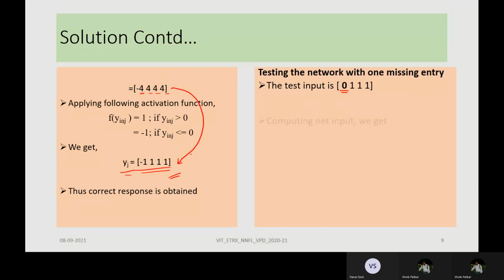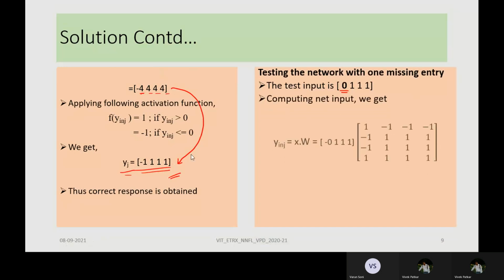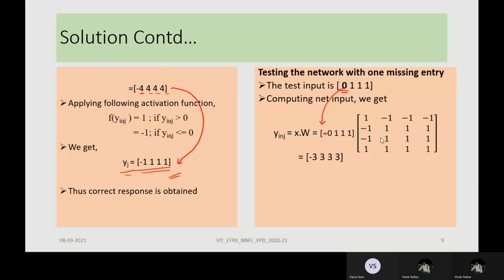Yeah, let's start. So we compute as regular, जो भी input vector दिया है उसको लेके, we take the dot product with the weight matrix which you have found and we get these values. Then you have to apply the activation function.